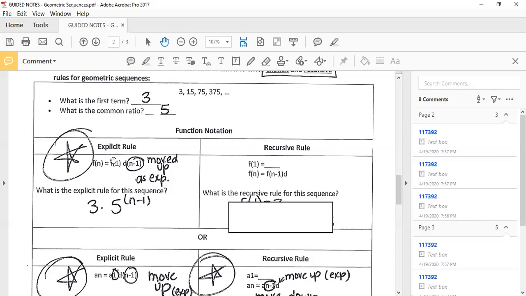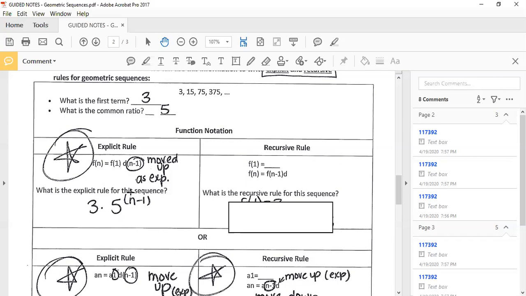So f of 1 is my first term. That's my starting value, just like when we had an exponential function, right? A is my starting value, b represents my common ratio, and then instead of having an x up here, this time it's n minus 1. Again, n minus 1 means the previous term, okay?